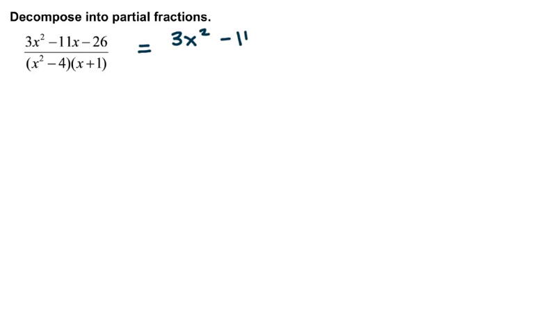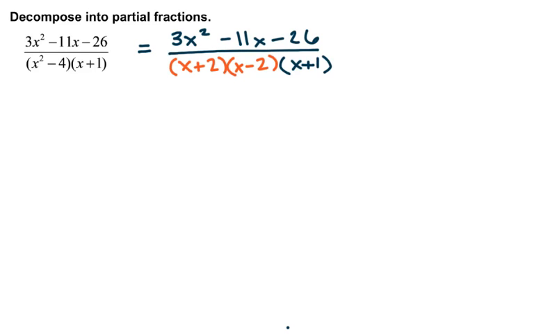So I'm going to rewrite this: 3x squared minus 11x minus 26, all over x plus 2, x minus 2, x plus 1. So we need to have that so that everything is linear. Every x is to the first power, not squared. All right, so that's an important detail.